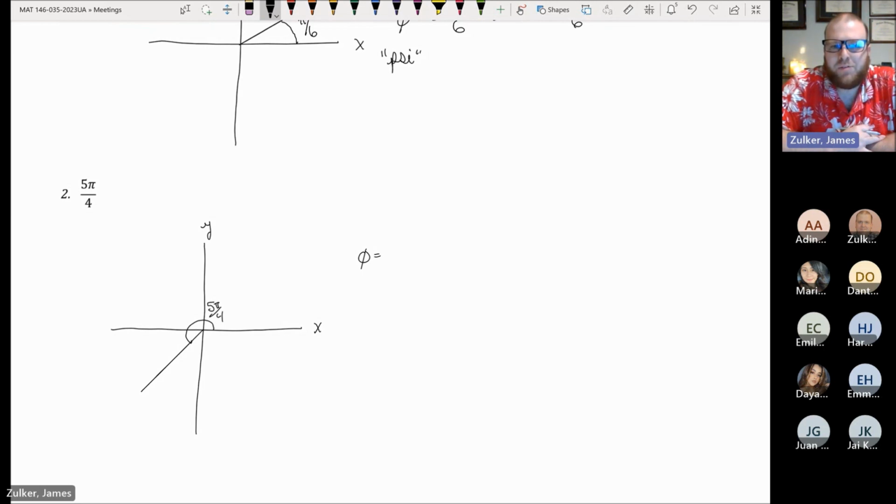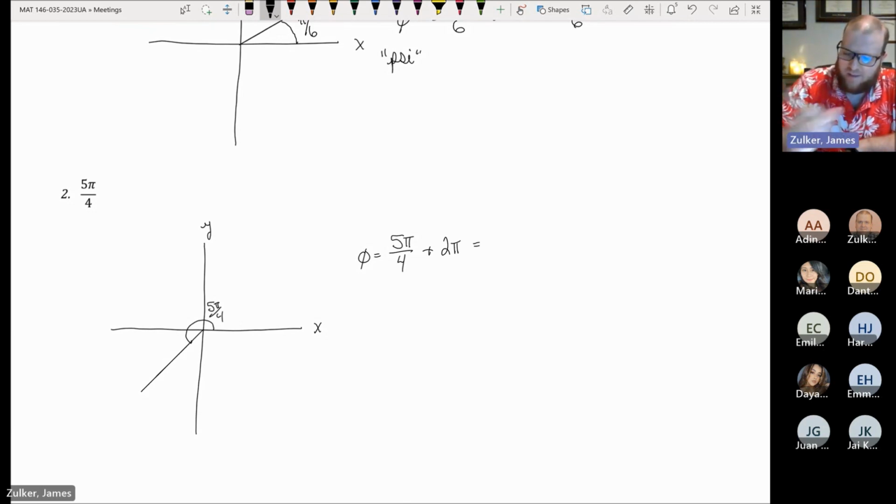Our positive coterminal. Well, we can just add 2 pi to it, can't we? It's essentially the same angle.